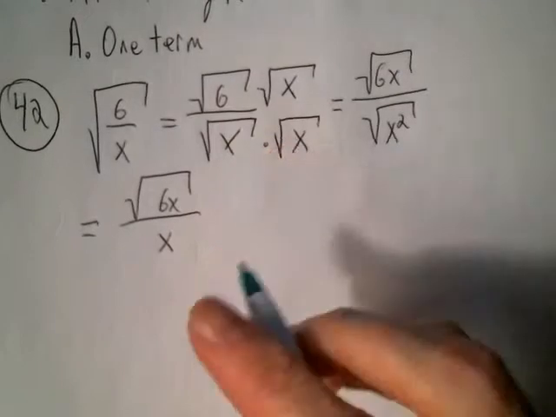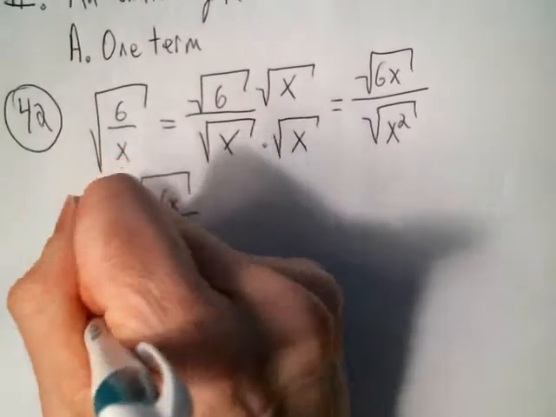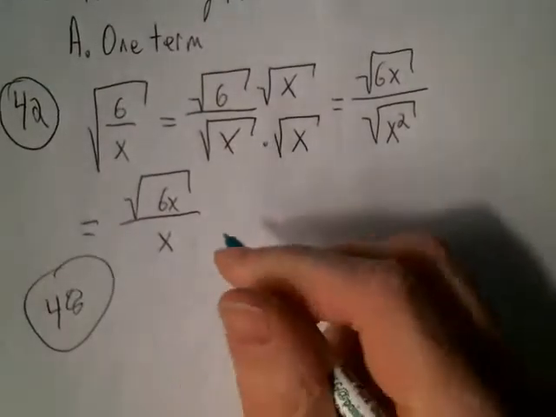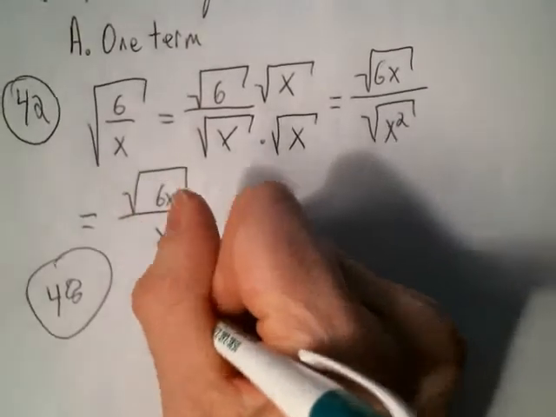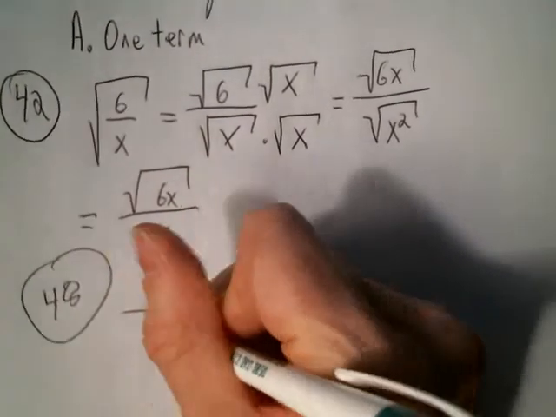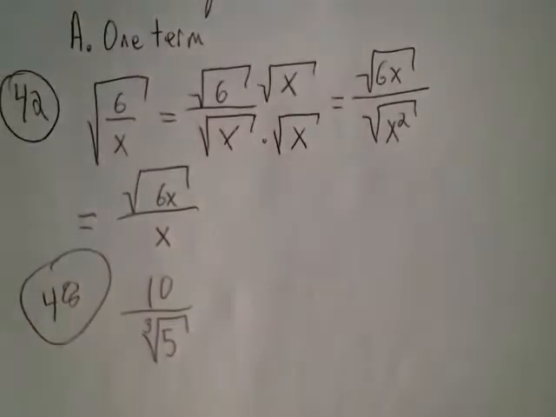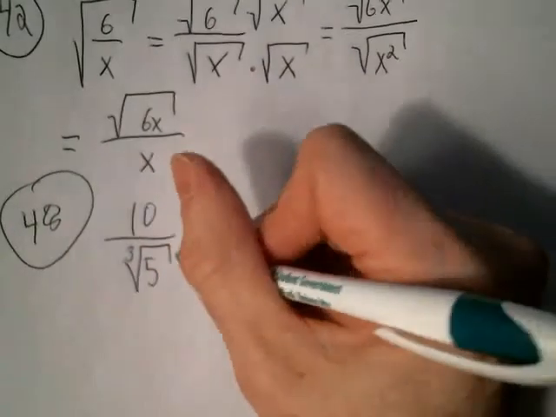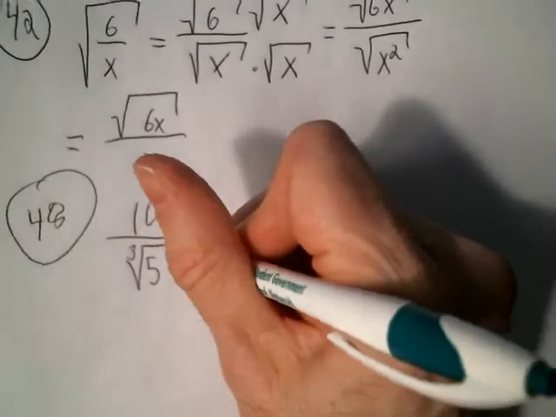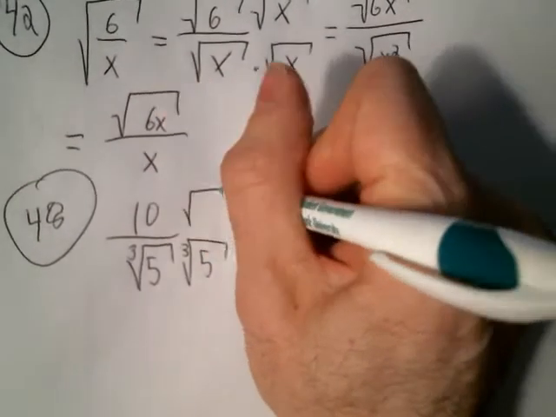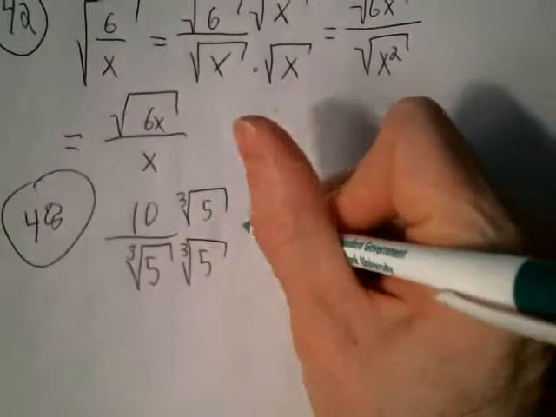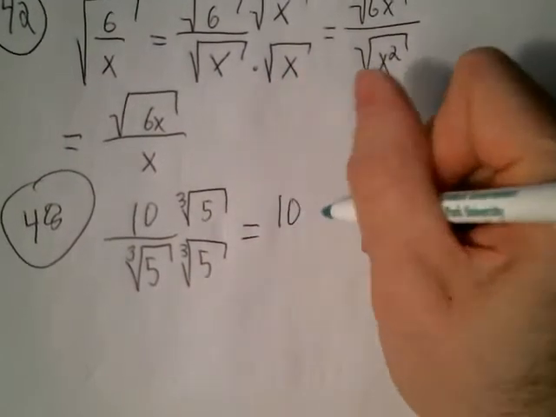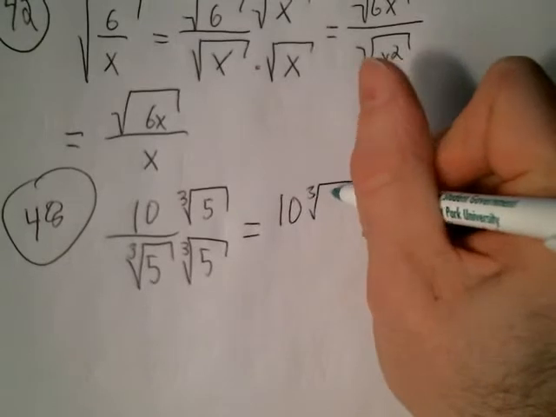Let's look at another case, 48, where it's a little bit more complicated. I'll have 10 all over the cube root of 5. I want to show you why you can't just multiply by the cube root of 5 on top and bottom. Here, I'll try it. In the numerator, I'll have 10 cube root 5.